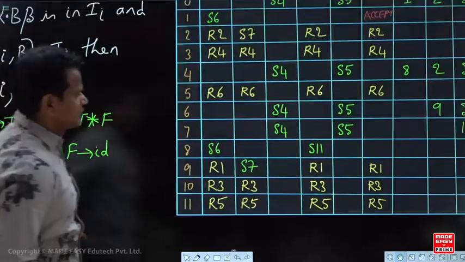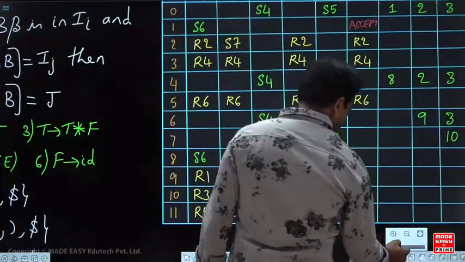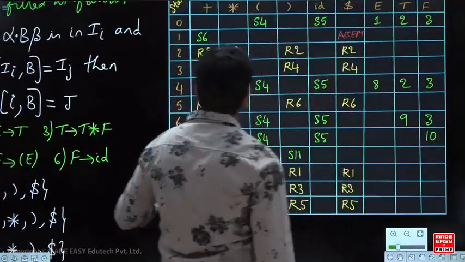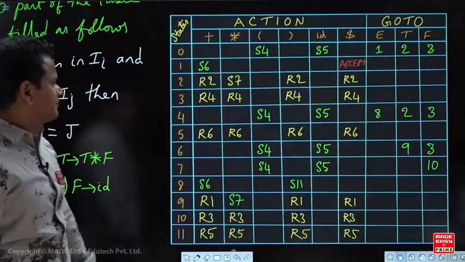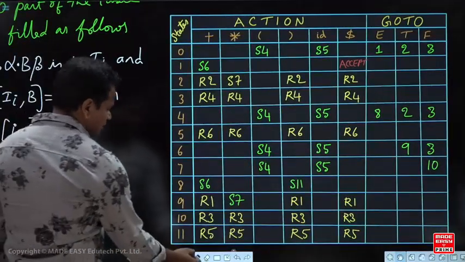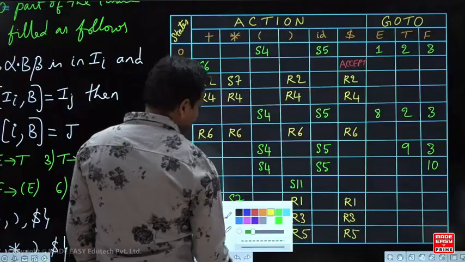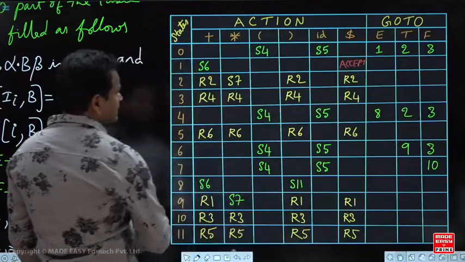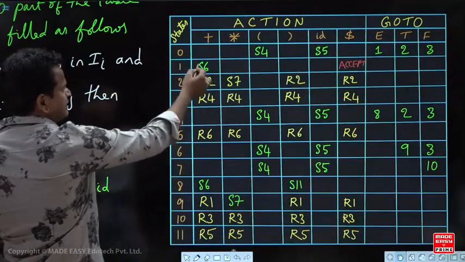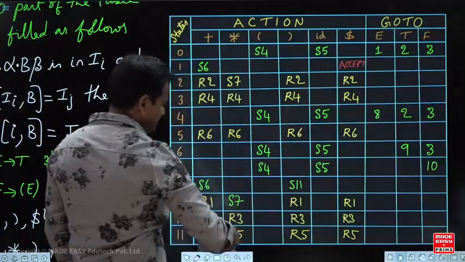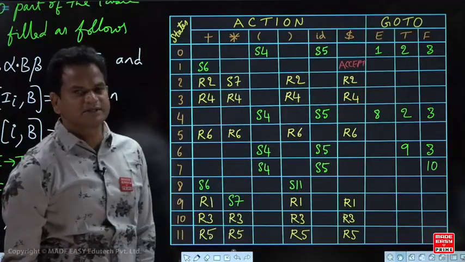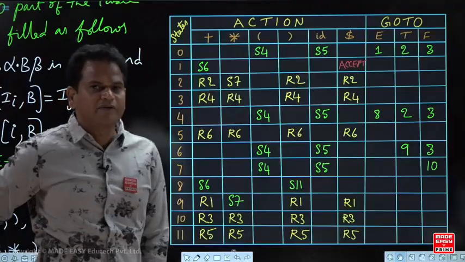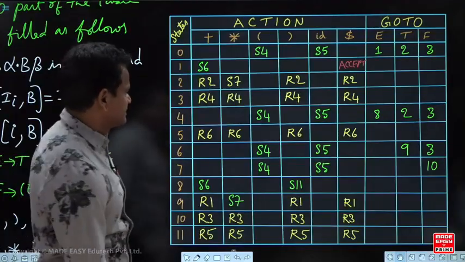So guys, every one of you got the same, I hope. This is the final table. If you observe all these entries, everywhere we have single entries, nowhere multiple entries.